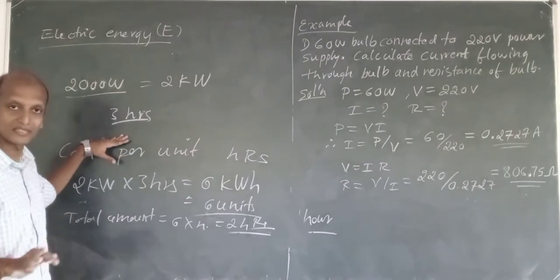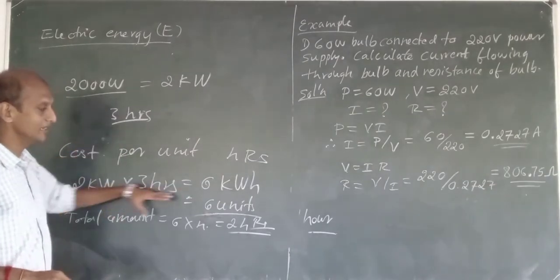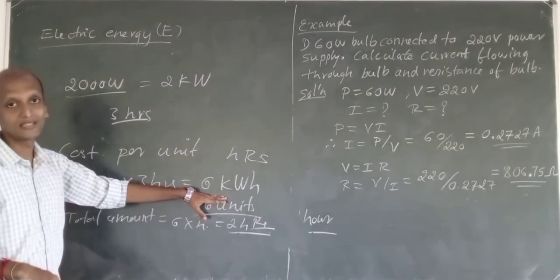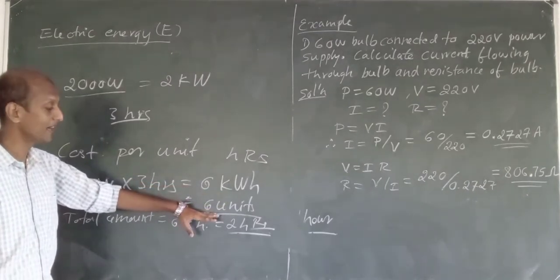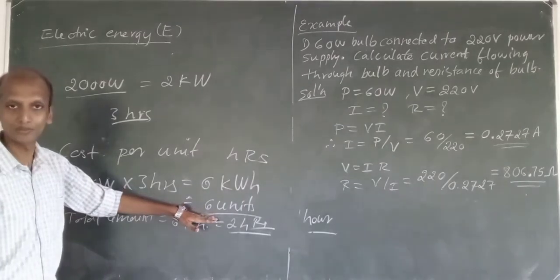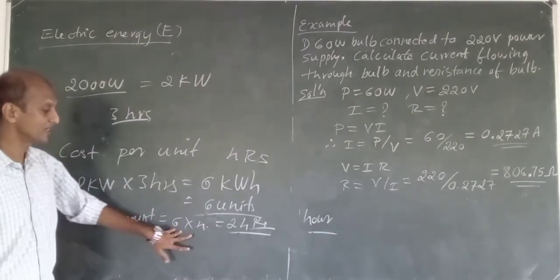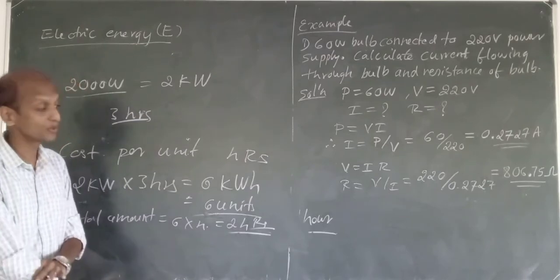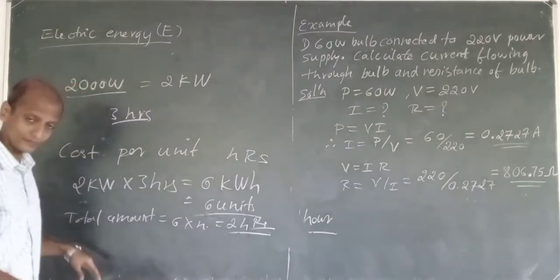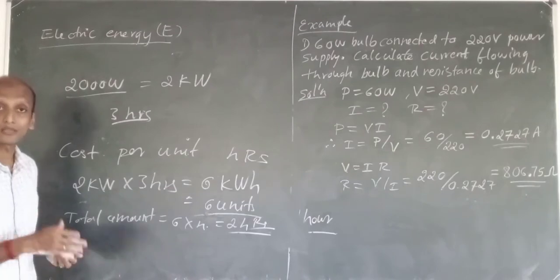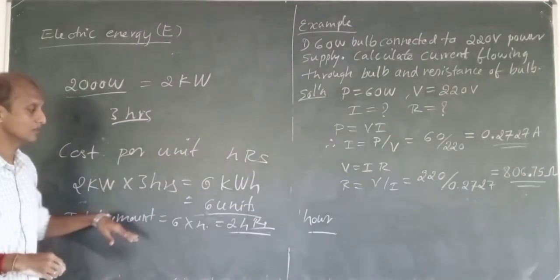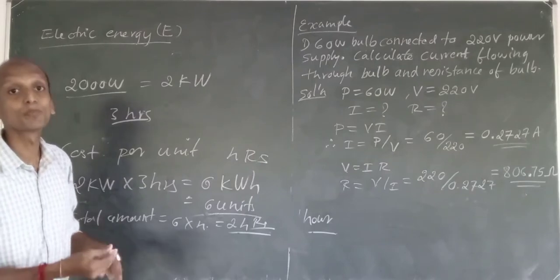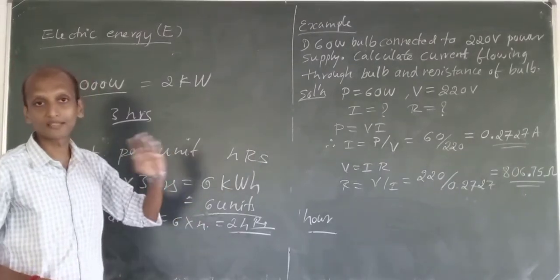So I calculate how many kilowatt hours it has consumed, which is so many units, and multiply the units by the cost per unit. I will get the total price, the total bill you have to pay to your electricity board.